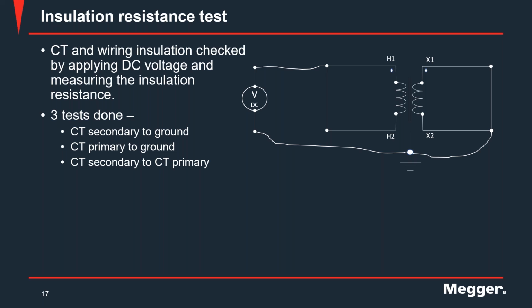In the case that you get a lower number, some unexpected result, it's easier for you to pinpoint where the problem is, either in the primary side insulation or the secondary side. And the unit will do the grounding for you.